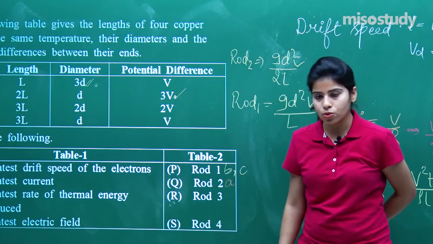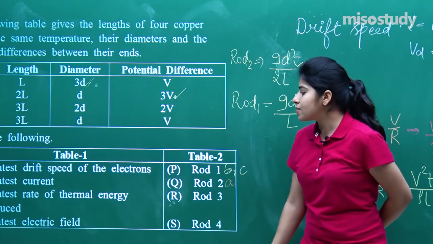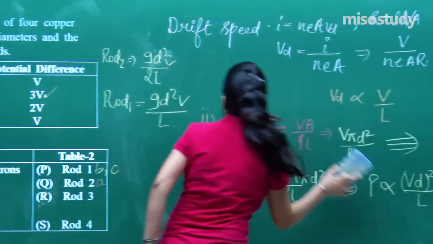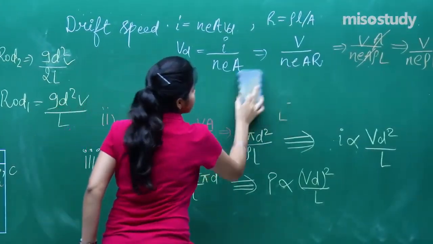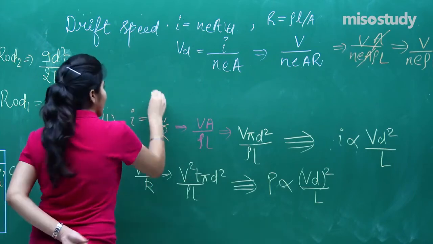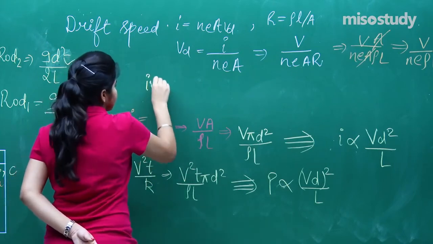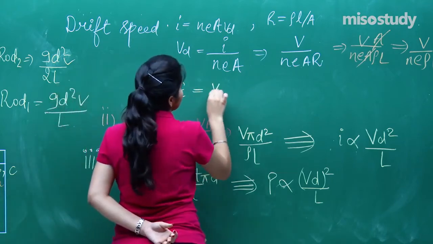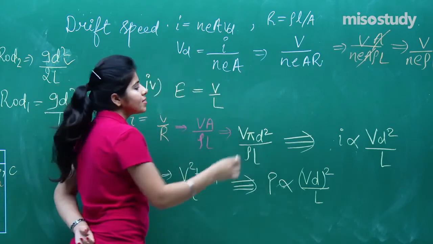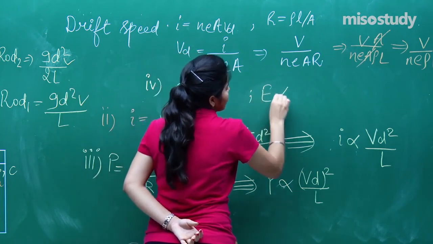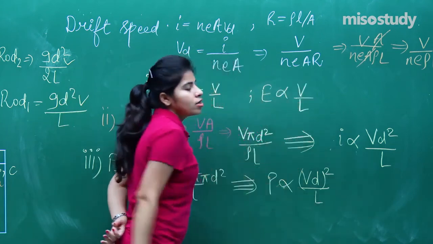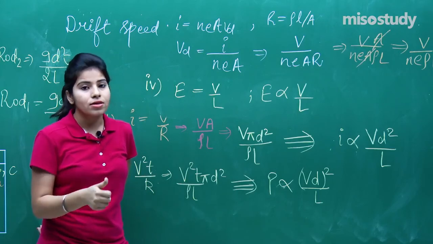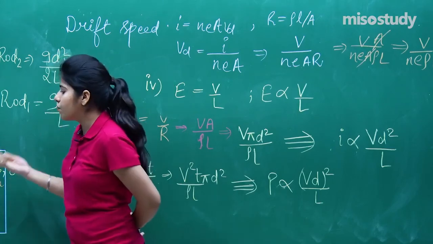Now, the fourth option, that is greatest electric field. We know that the formula for electric field is, let me just write over here the fourth one. If I am talking about the electric field, we know that E equals V by L. So we can say that E is proportional to V by L. So the one which will be having the maximum potential will be the one that will be having maximum electric field.